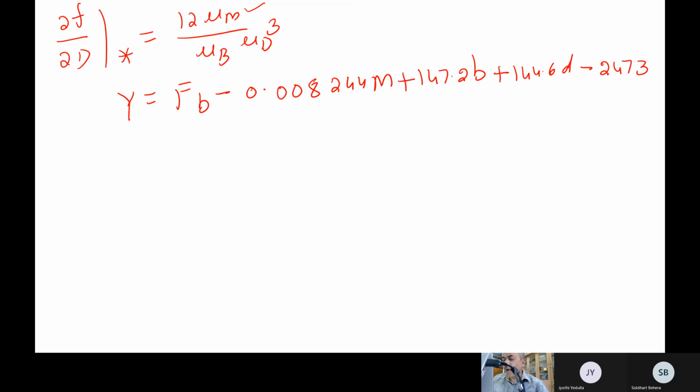So this is the final expression. We have included only the terms up to first order. Now you tell me, suppose M, FB, and all of them are normal random variables. What type of random variable will Y be now?